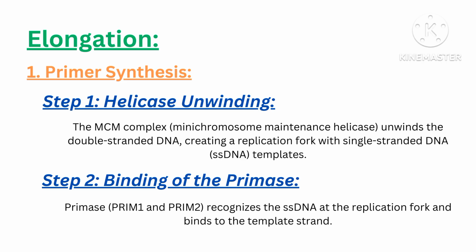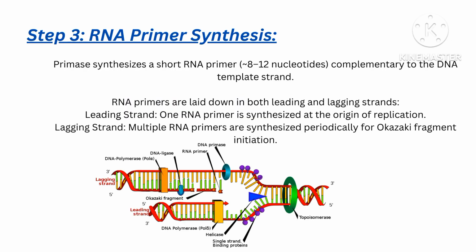templates. Step 2. Binding of the primase. Primase, PRIM1 and PRIM2, recognizes the ssDNA at the replication fork and binds to the template strand. Step 3. RNA primer synthesis. Primase synthesizes a short RNA primer, about 8 to 12 nucleotides, complementary to the DNA template strand.